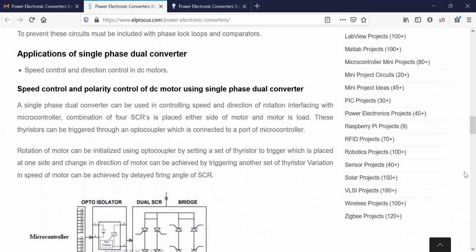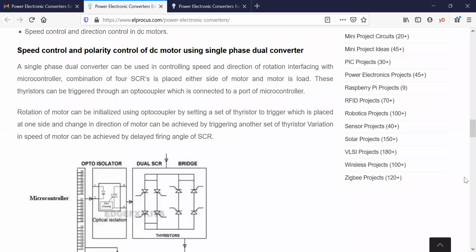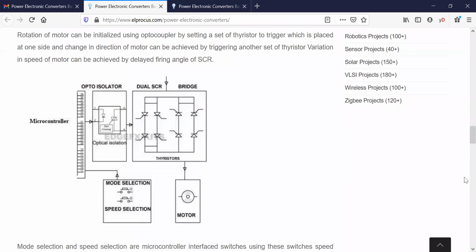In this diagram, it is shown that we have a microcontroller for motor mode selection and speed selection, an opto isolator, and dual SCRs, that is silicon controlled rectifiers, in bridges. We will discuss these one by one.